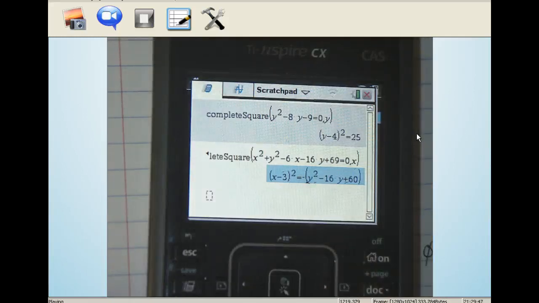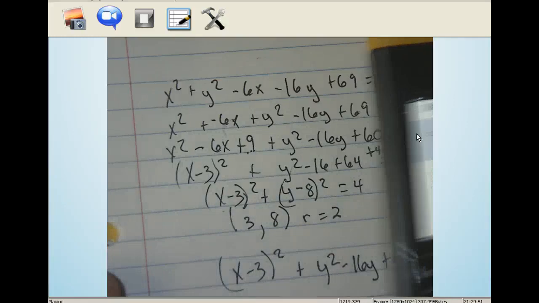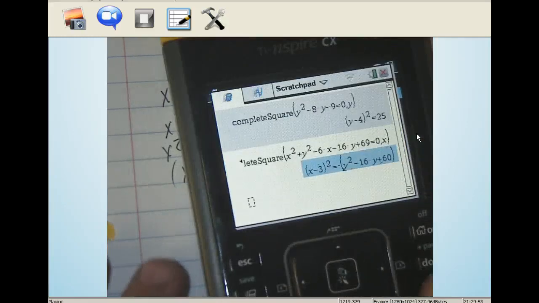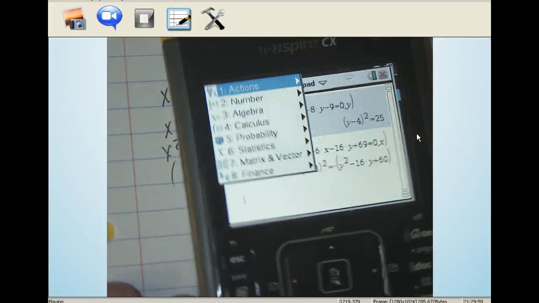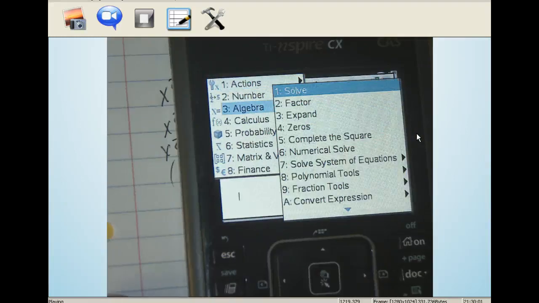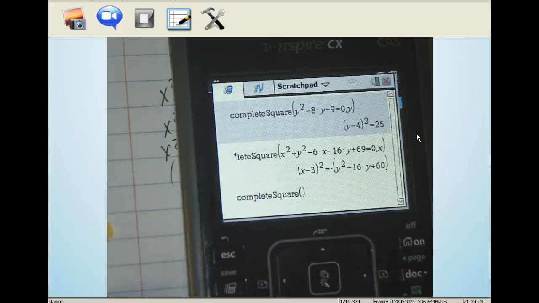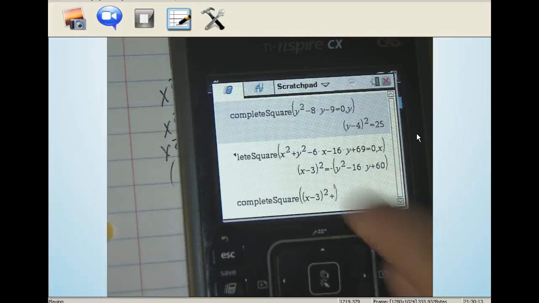Okay, so now I can put this in and say let's complete the square for y. So even if I didn't know how to complete the square for x first, which I kind of did as you saw, if I didn't know how, I could come down here and say, menu, algebra, complete the square. We're going to put in there open parentheses x minus 3 close parentheses squared plus, and bring all that over.